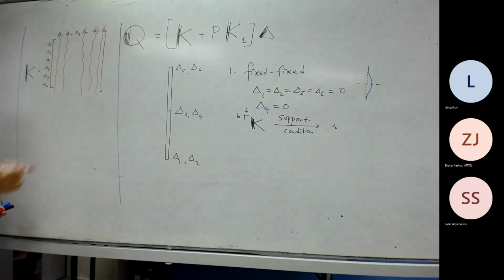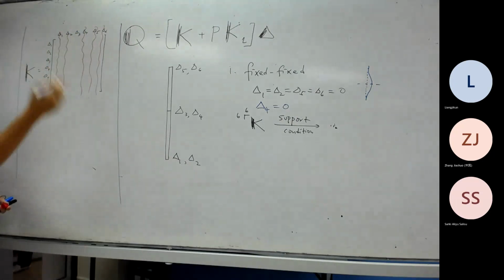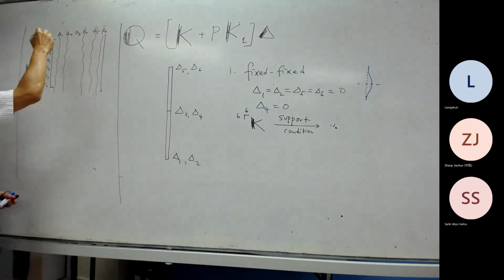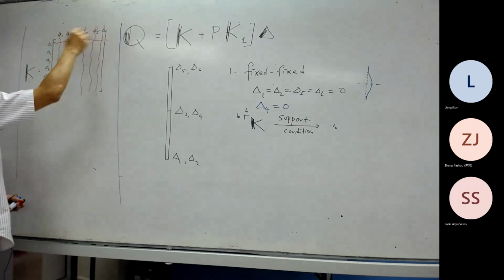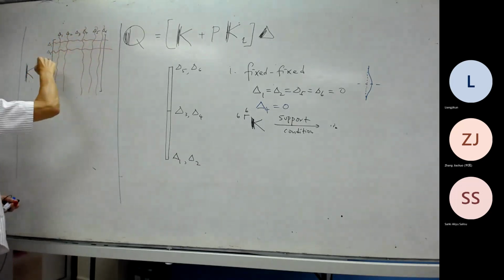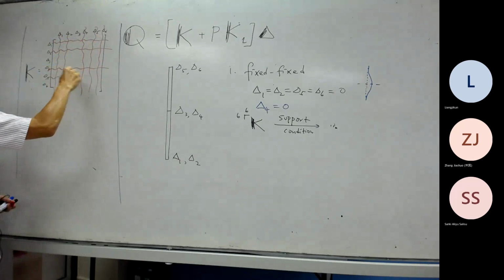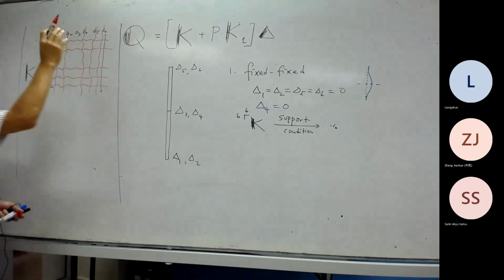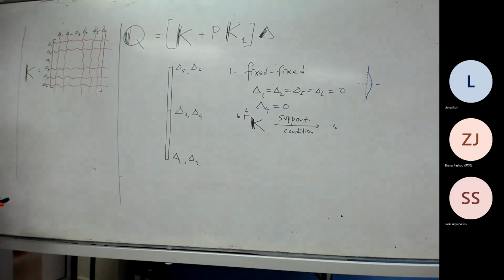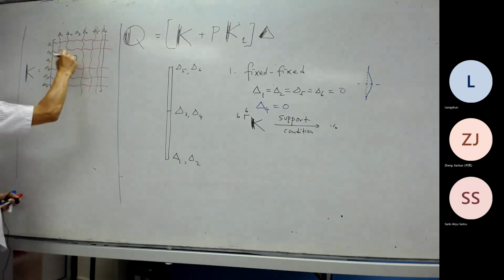When you delete the column, the row also you have to delete because the row is not helpful anymore. So this also you delete. This means you take away. So from the big one, the only one left is here.